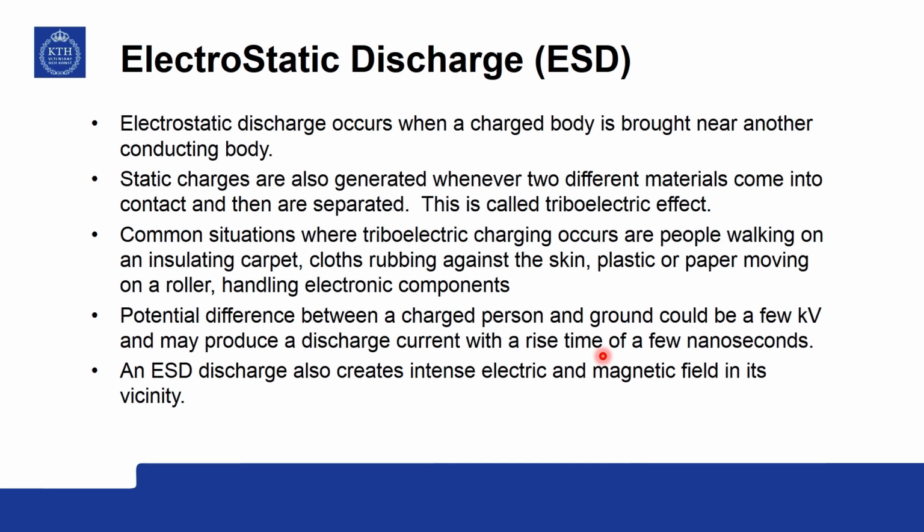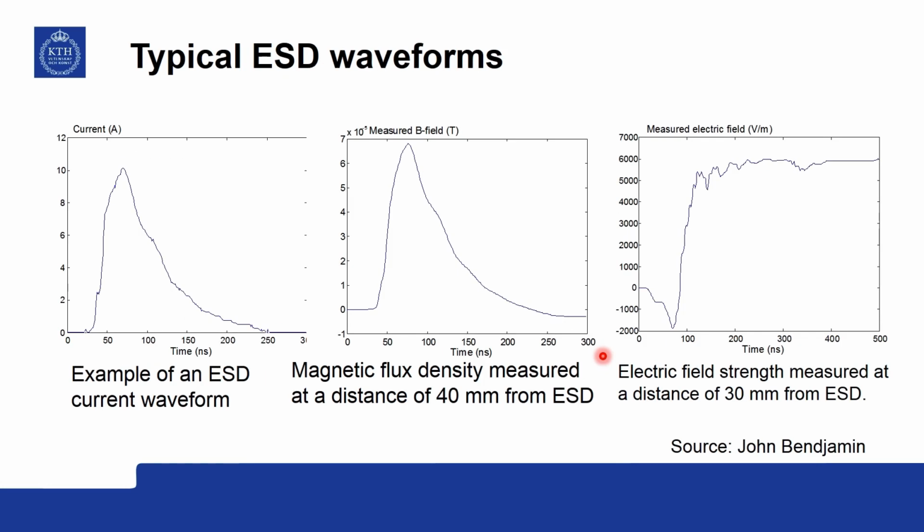Then within electronic components, ESD also create intense electric and magnetic field in its close vicinity. So, it can couple to other adjacent printed circuit tracks and create problems. So, what is shown here are some typical ESD waveforms. So, this is an example of a current waveform, time in nanosecond and current in amperes.